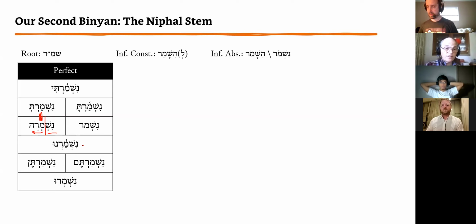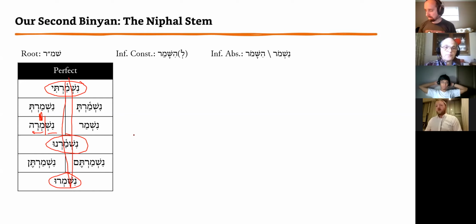And then Nishmeru, they were guarded. Fantastic. So, of course, you mentioned that this one's first common singular, this first common plural, and third common plural.